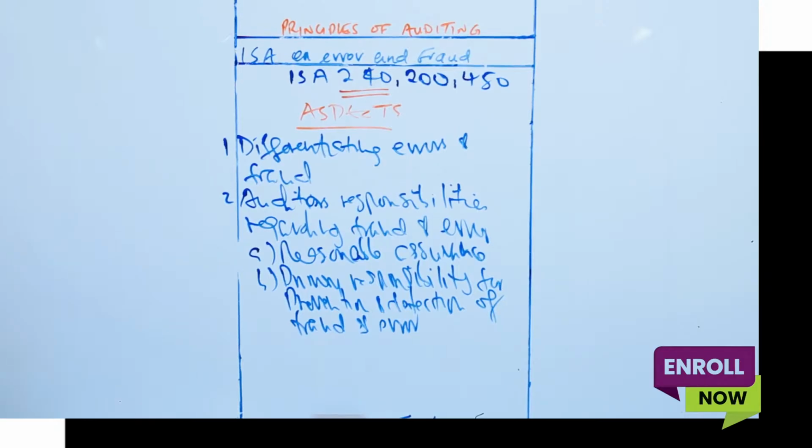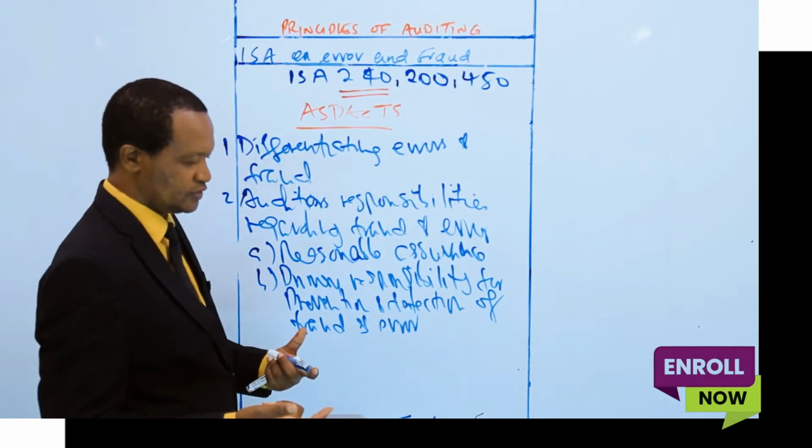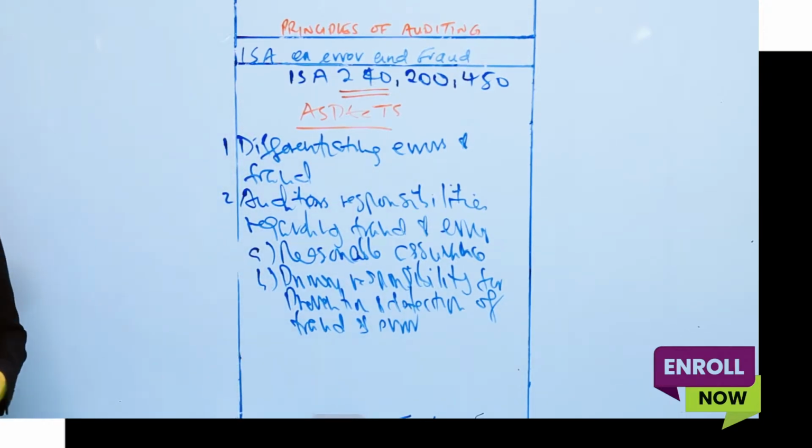And ISA 240 acknowledges that the risk of not detecting a material misstatement resulting from fraud is higher than the risk of not detecting one resulting from error. Get that understanding, candidates.